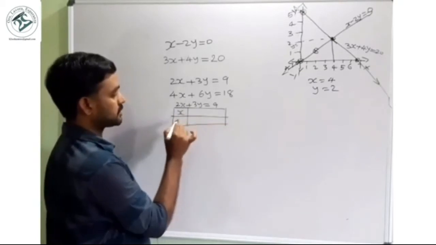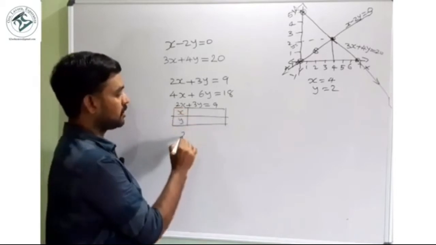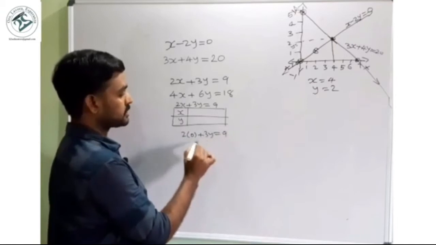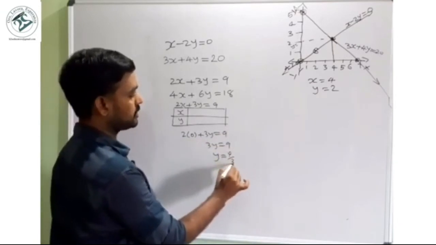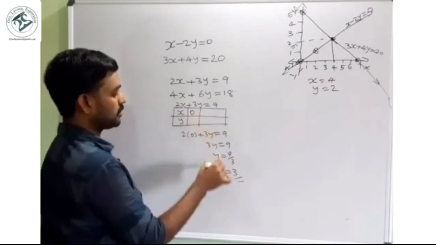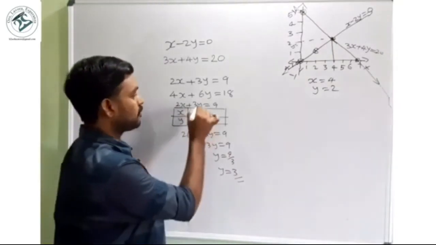First row for x values, second for y values. If x is equal to 0, 2 into 0 plus 3y is equal to 9. By solving this, 3y is equal to 9, y is equal to 9 by 3, so y is equal to 3. So when x is equal to 0, we got y is equal to 3. Now in the place of y we can give 0.